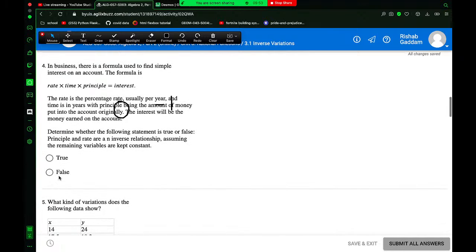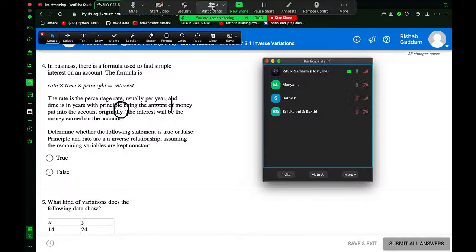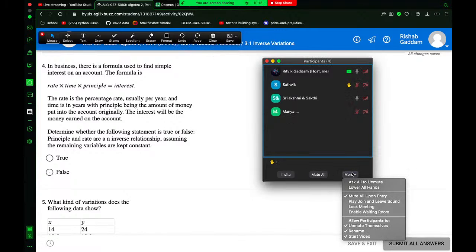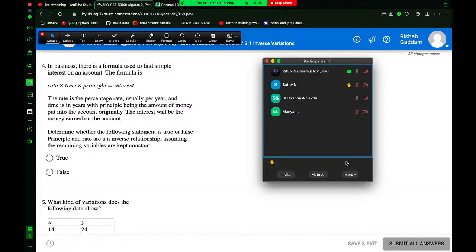So let's move on to number 4. Raise your hand in the chat if you want to do this one. I don't see an option in the chat where I can raise my, I mean, not in the chat, but in the participants. It's in more. Do you see where it says more, and it says raise hand? It just says invite, mute me, and then merge to meeting window.